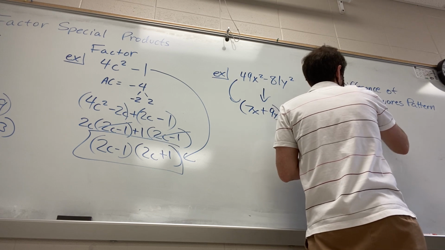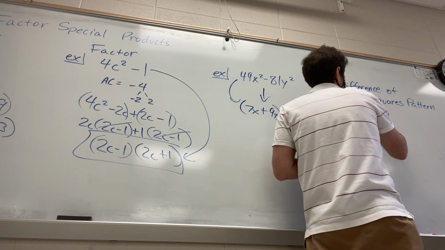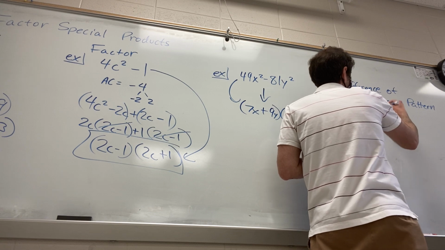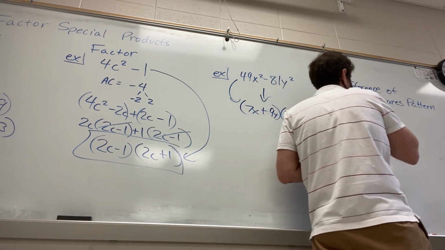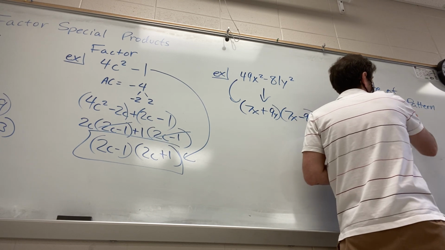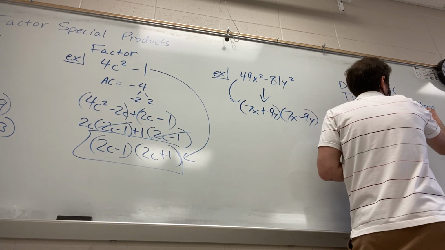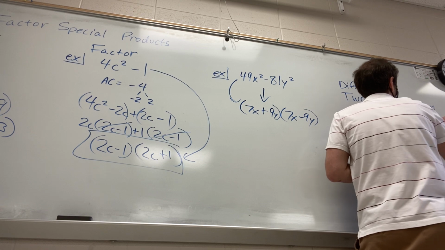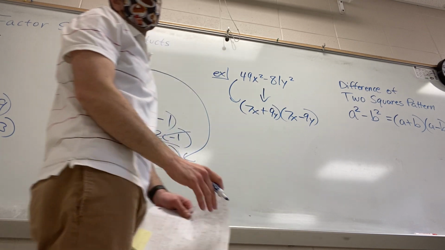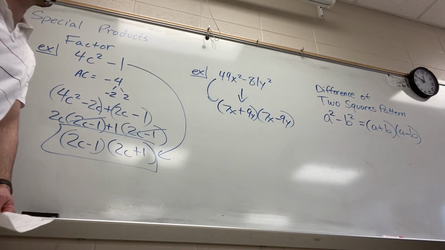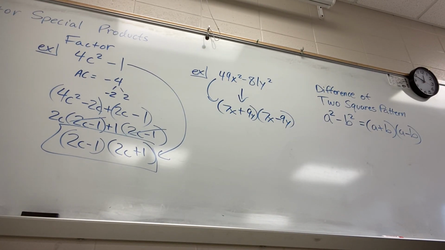If you see that you have a perfect square subtracting from another perfect square, it's always going to split up into the square roots of them. One plus, 1 minus. And that's the way it'll always work out. Difference of 2 squares.